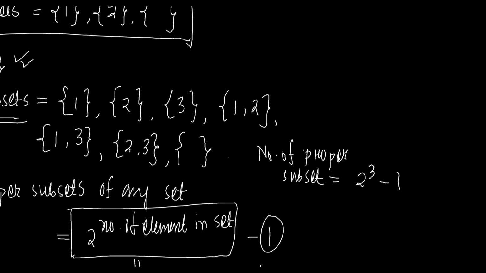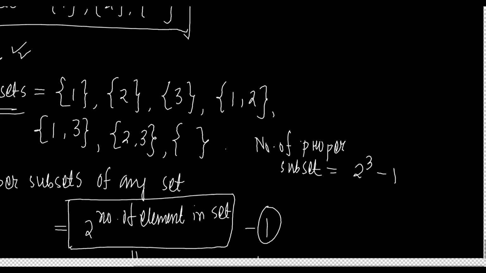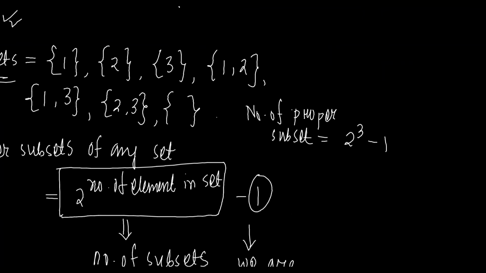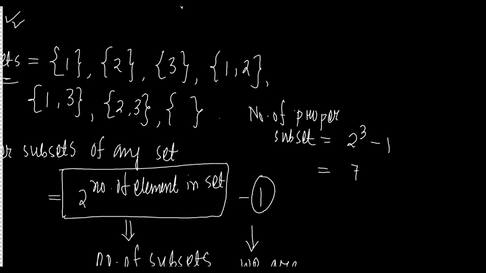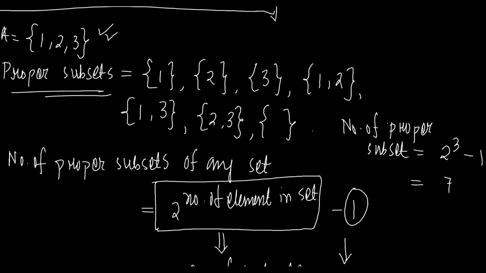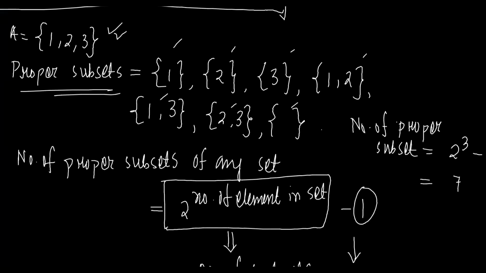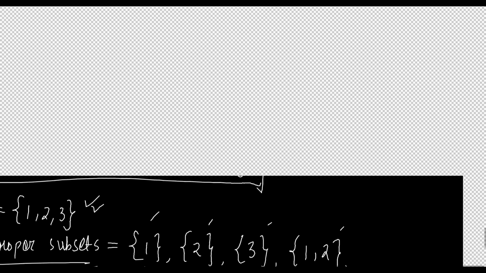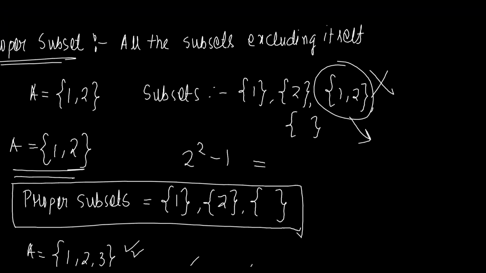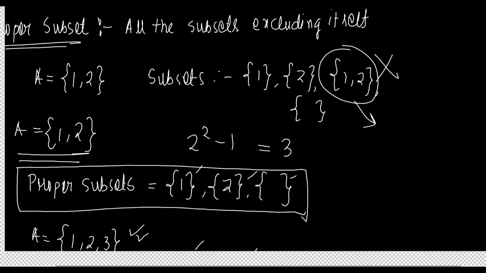Here minus 1, why? Because we have excluded the set 1 comma 2 comma 3. So it will be 8 minus 1, that is 7. You can verify as well: 1, 2, 3, 4, 5, 6, and 7. And in this case, the number of proper subsets will be 2 to the power of 2 minus 1, that is 3. You can check: 1, 2, 3. So this is the formula for the number of proper subsets.